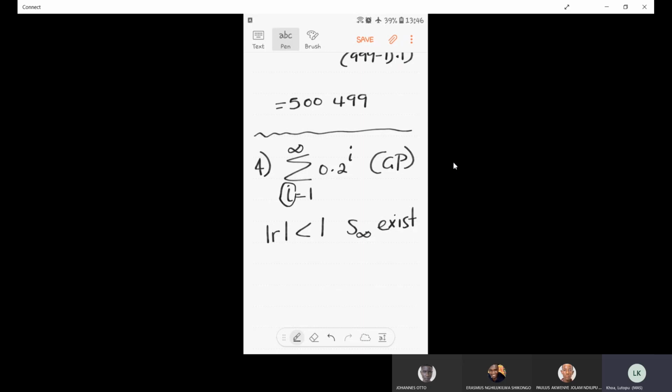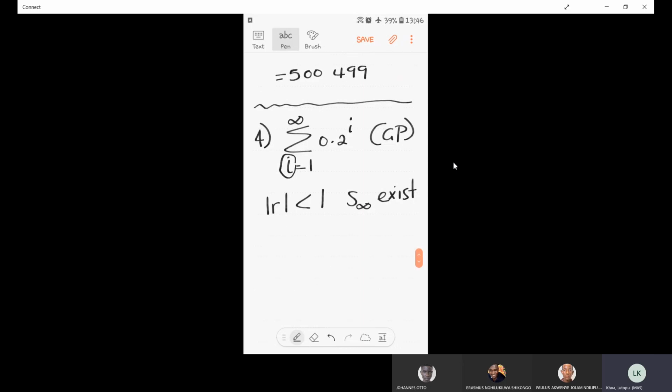So here, a, your first term, is when I is equal to 1. So this is just 0.2 to the power of 1, which is 0.2. Now r, just like we were doing in the arithmetic progression, is the base of whatever exponent you have over there.